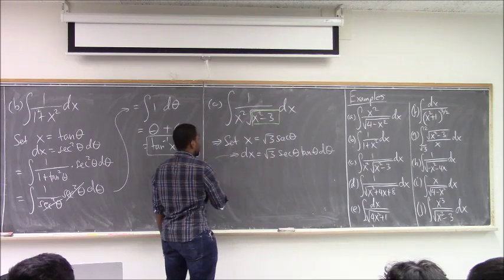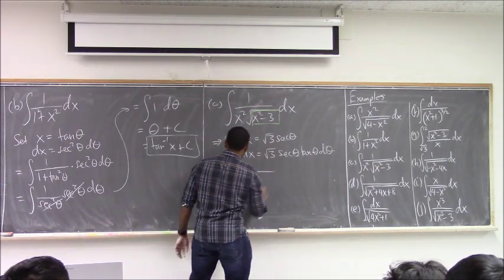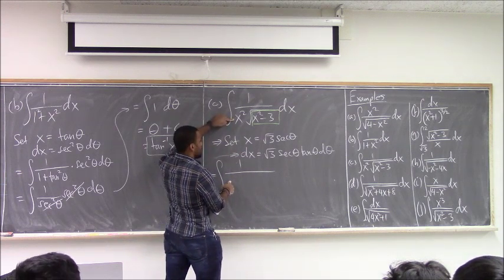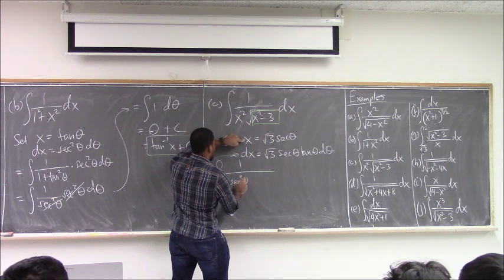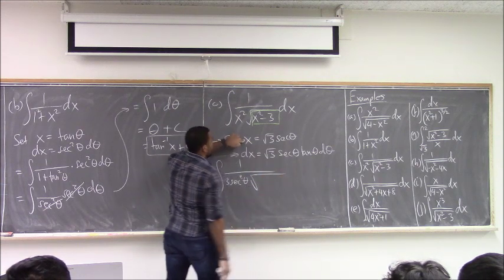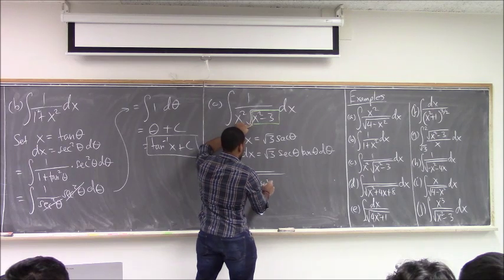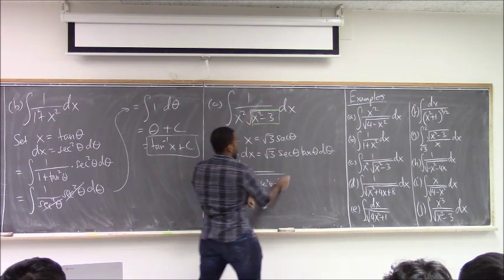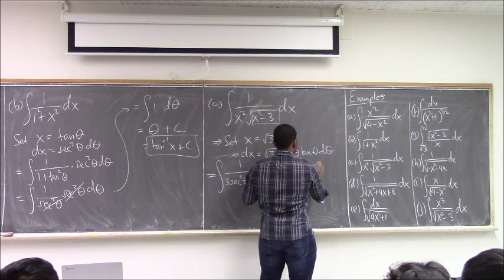And now we go and we plug this all into the integral. So I have 1 over x squared. X is this, that squared is 3 secant squared theta, the radical. If I plug that in here, this is going to give me 3 secant squared theta minus 3. And my dx is going to be radical 3 secant theta tan theta.